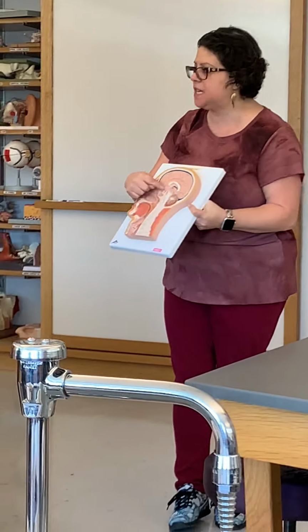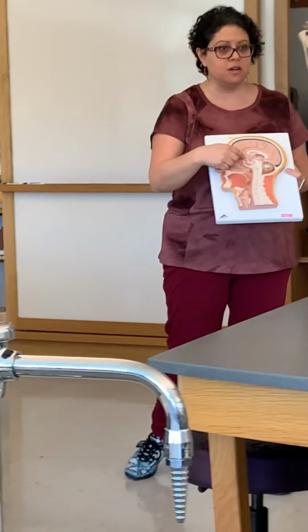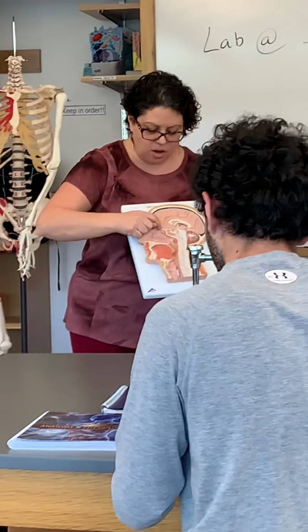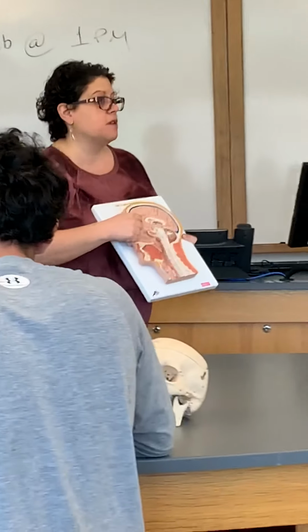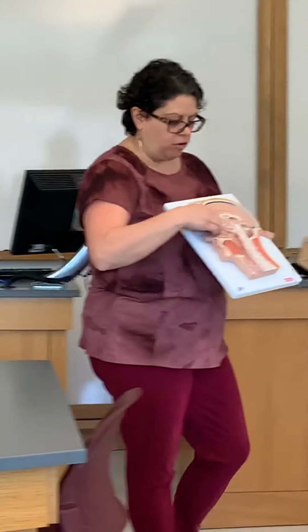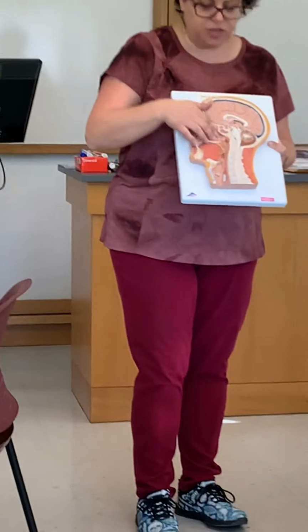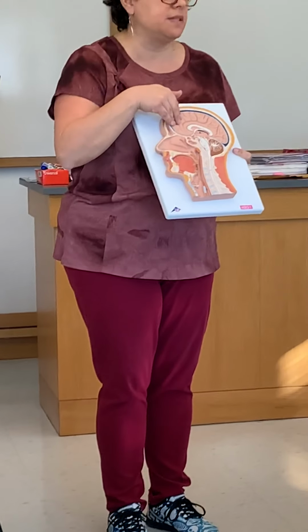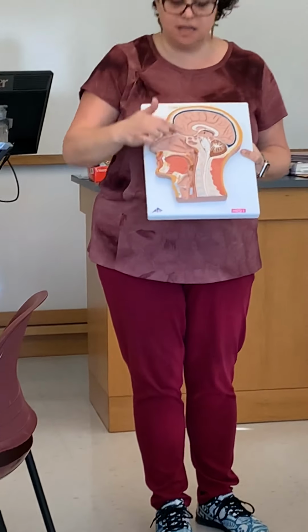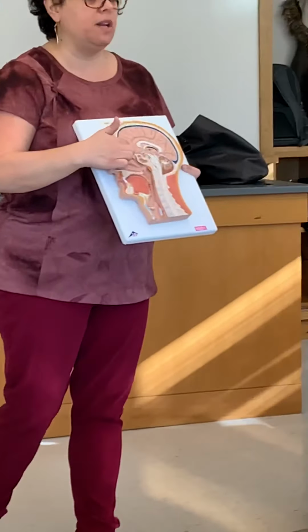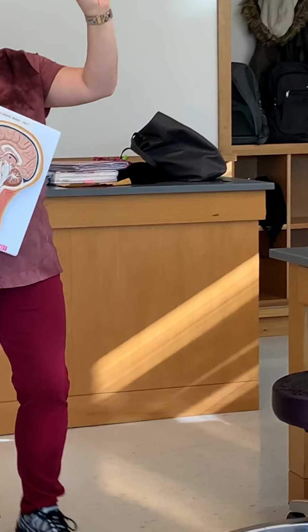The olfactory bulb itself was up here in the brain, and the holes in this bone are those olfactory foramina. Those are for the olfactory nerve to go up to the brain in order for you to smell. So this bone here in the back of the nasal cavity is the ethmoid bone. That's this tiny one.